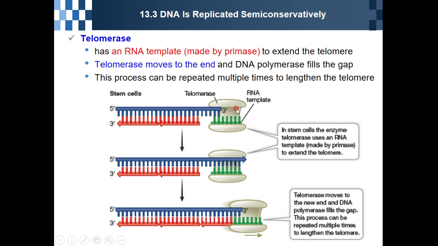So this region can be replicated like this. Also, this region has the blank region. After that, telomerase moves to the end. After that, going 5' to 3', this gap will be filled.